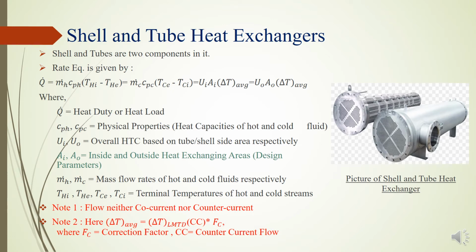Here Ui and U naught are the overall heat transfer coefficients based on the tube and shell side area respectively, and Ai and A naught are the inside and outside heat exchanging areas.